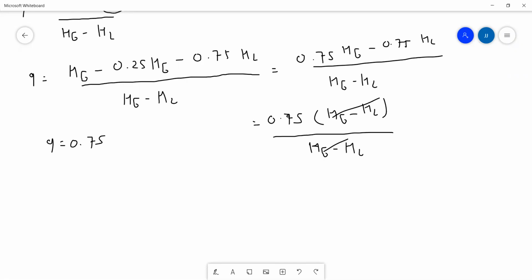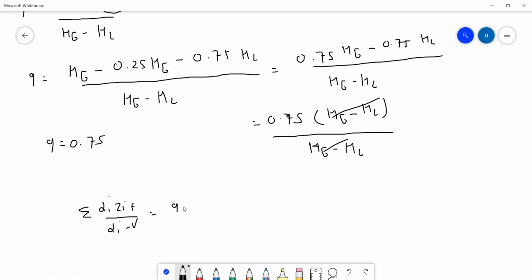Now we have the summation of alpha i z_iF divided by alpha i minus theta is equal to 1 minus q, which is equal to 1 minus 0.75, which is equal to 0.25.